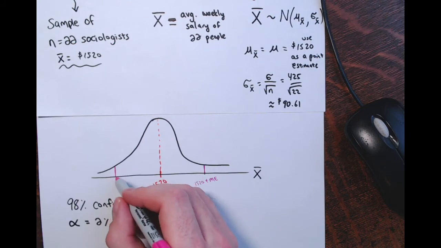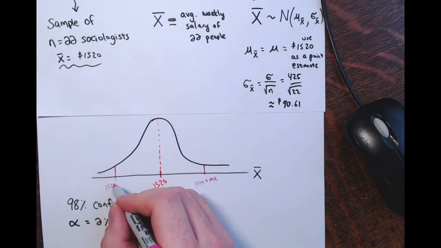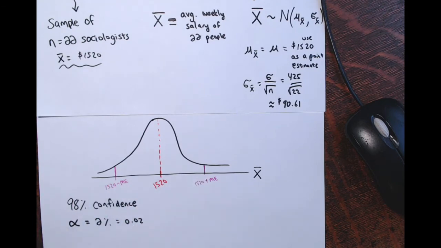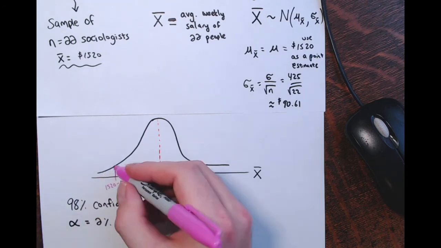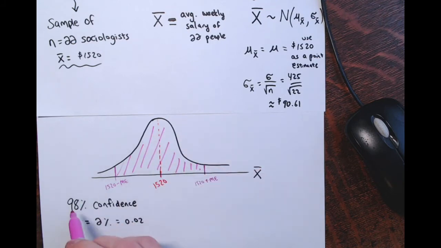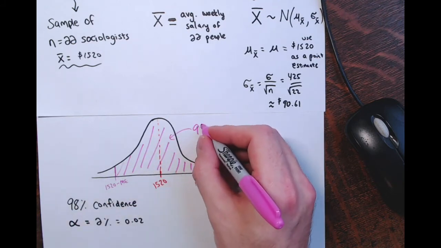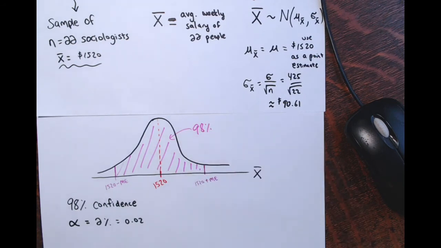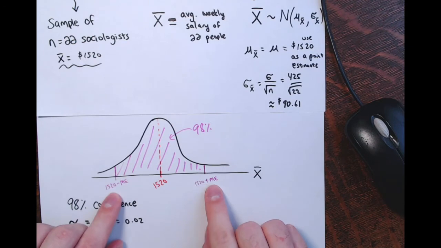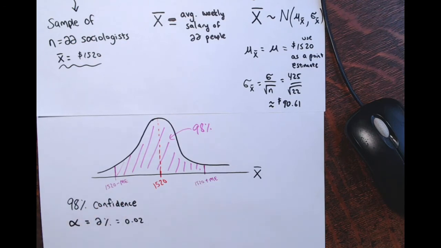So over here this would be 1520 minus the margin of error. And I want to figure out what these values are so that the area under the curve between them is my confidence level. This area is 98%. Okay, so in order to find these values, I need to figure out this margin of error.